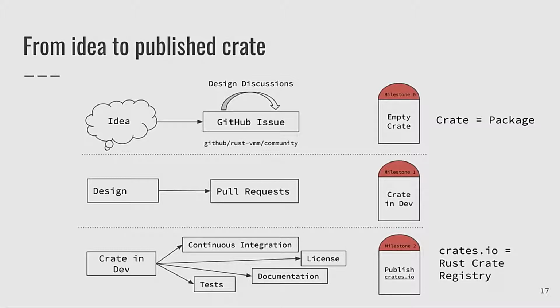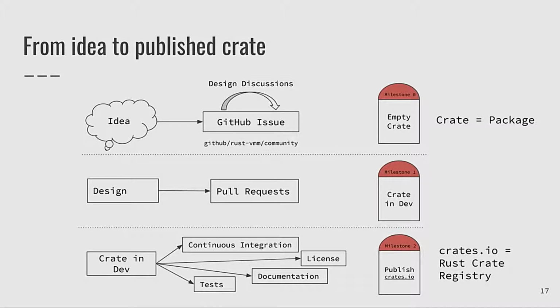And then we start design discussions. All of this happens on a GitHub issue. Once we decided that this is a useful crate or component, we create an empty repository. The next thing is that based on the design discussions, we actually start submitting pull requests in order to have a useful crate or a crate in development.